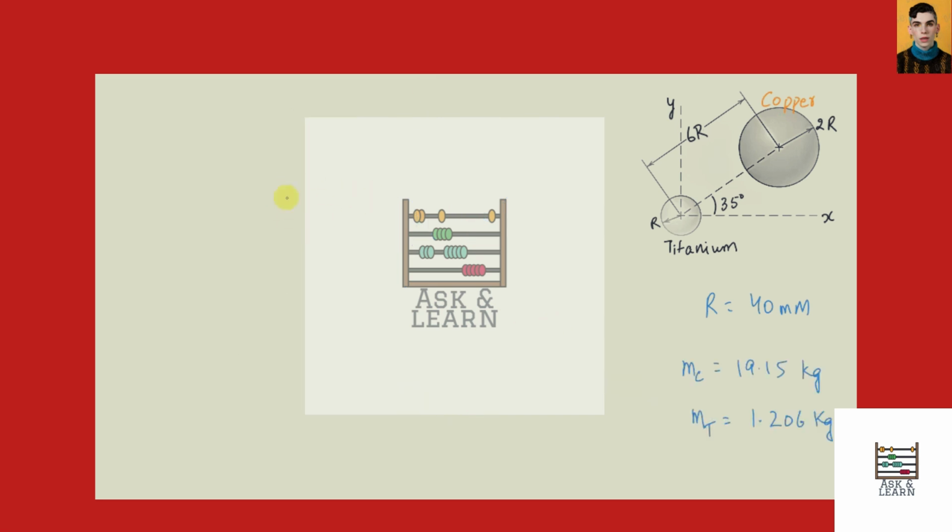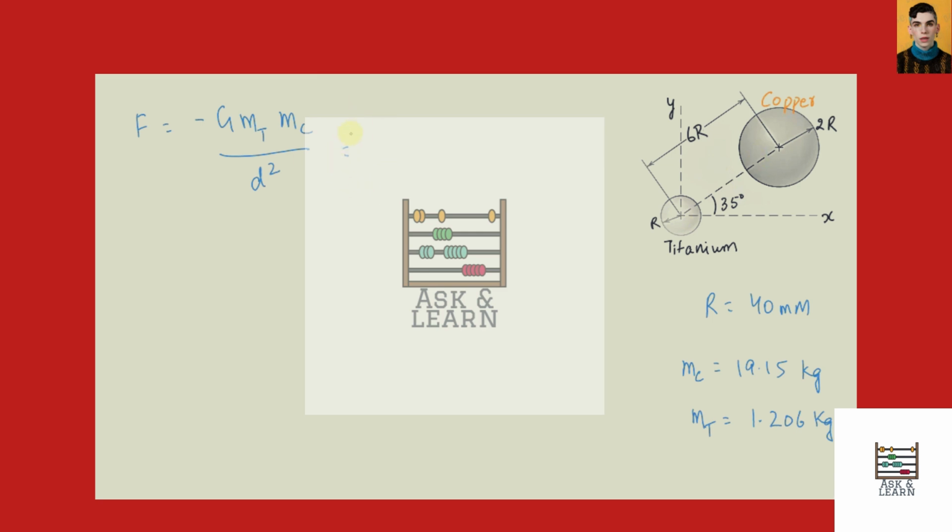Now the gravitational force exerted by the titanium on the copper sphere is given by F equals minus G m of titanium times the mass of copper divided by d square, where d is the distance between the centers of the titanium and copper spheres, and G is the universal gravitational constant.